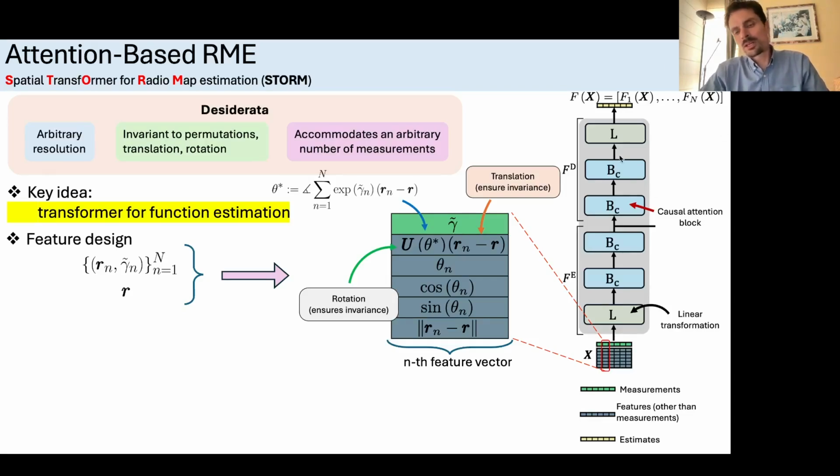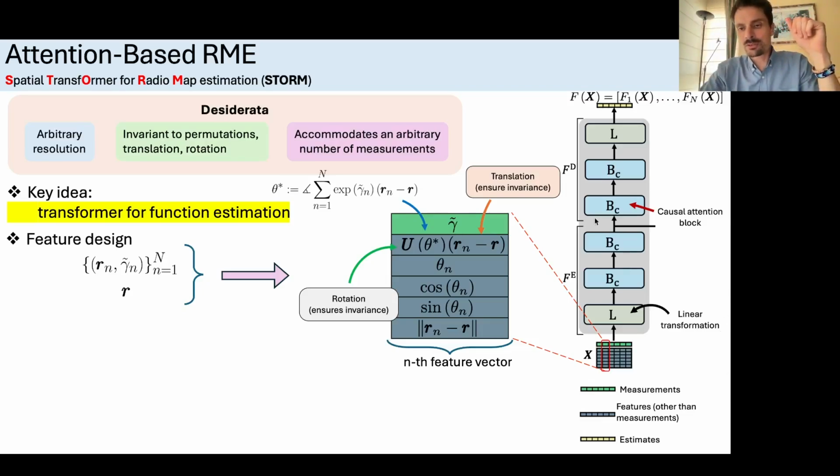The reason why we use causal attention blocks is because we don't want to train the transformer for estimating a map using one measurement, then train the transformer to estimate the map using two measurements, then three measurements, and so on. We would like it to learn how to estimate a map given any number of measurements.